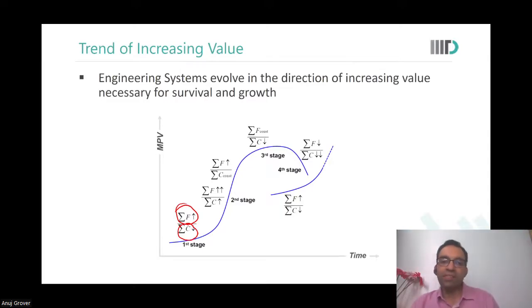It was trying to increase the functionality by putting in a motor, so that instead of a horse there would be an engine doing the work. But it tried to reduce the costs also somehow, because for prototypes you're just picking up existing stuff from wherever. When you arrive into the second stage, into industrialization, the product is seeing traction in the market.